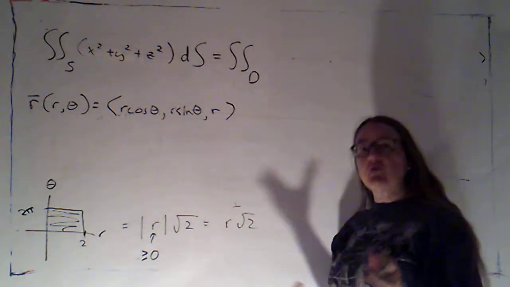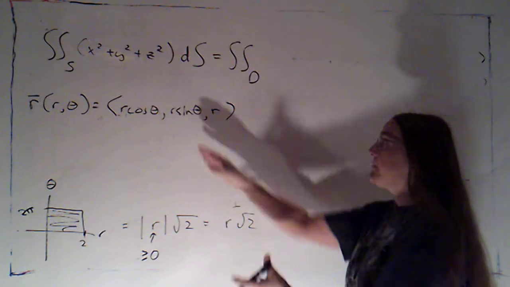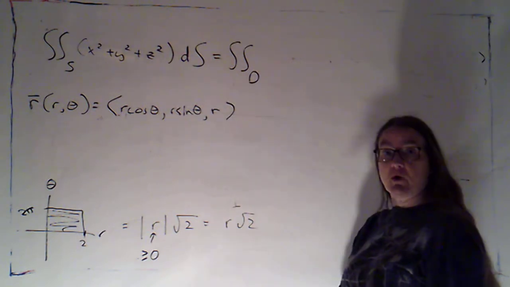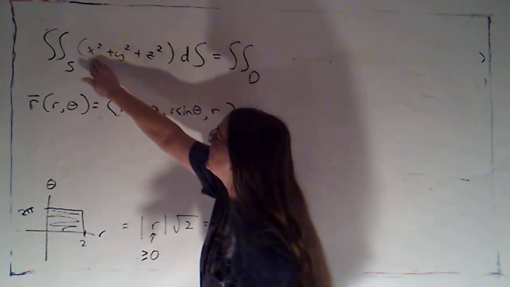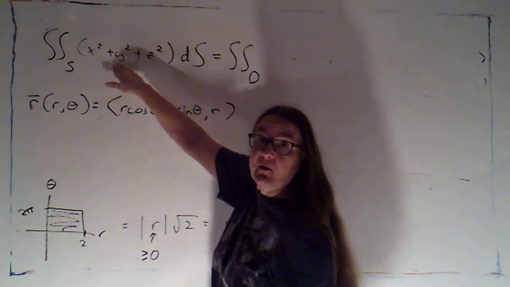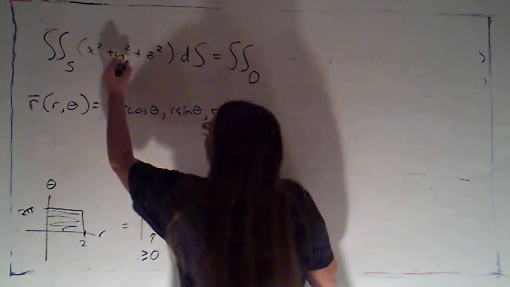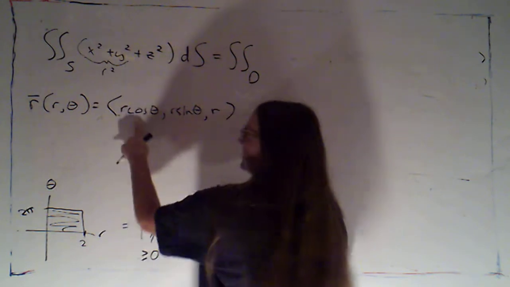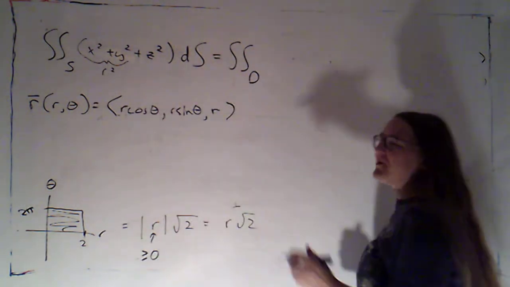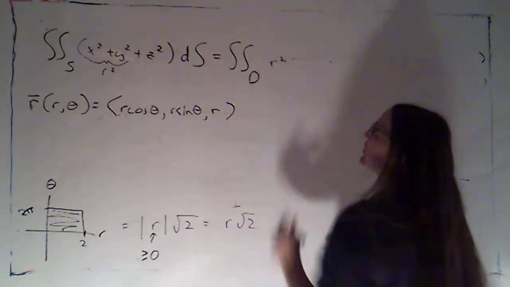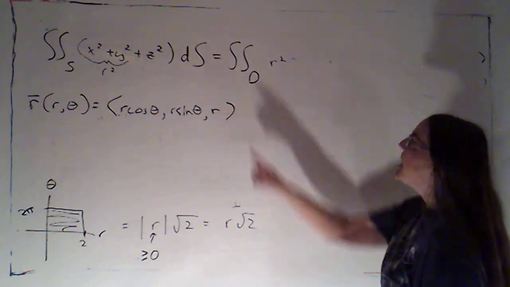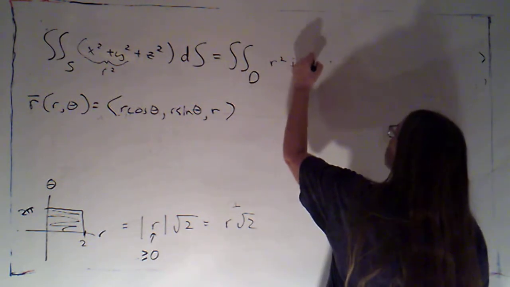Now, because I've chosen my parameters so that once I apply this transformation, they take on their role as cylindrical coordinates, I can just go right to x squared plus y squared. That was r squared. That's going to be r squared cosine squared plus r squared sine squared. Totally fine to go right to. That's just r squared. Plus z squared is plus another r squared.